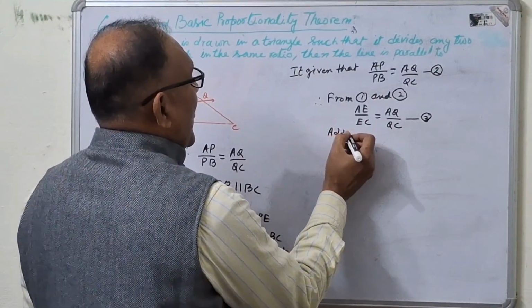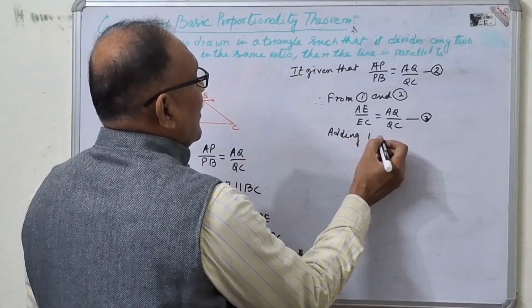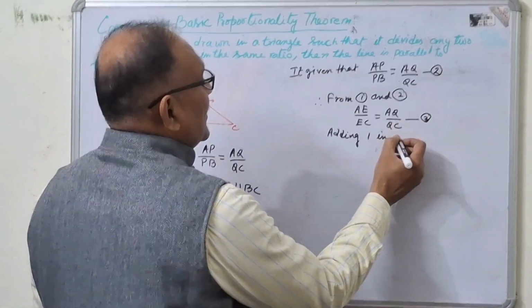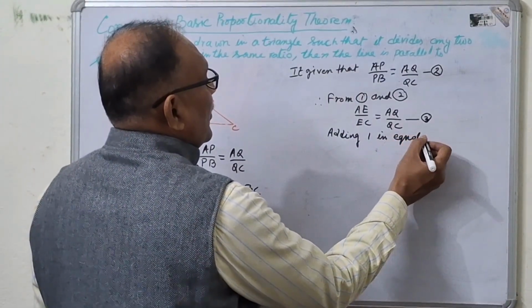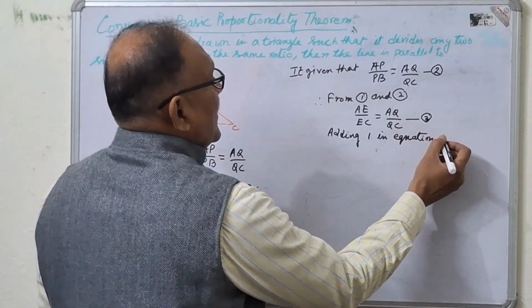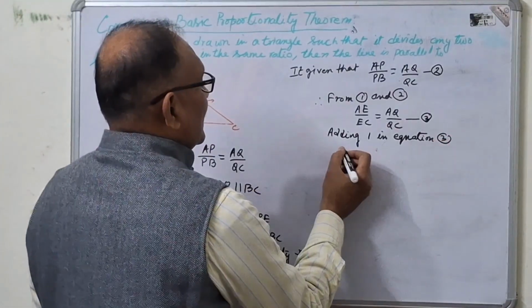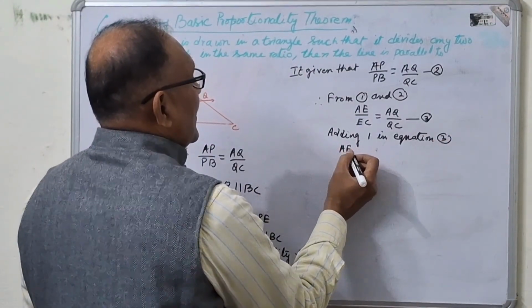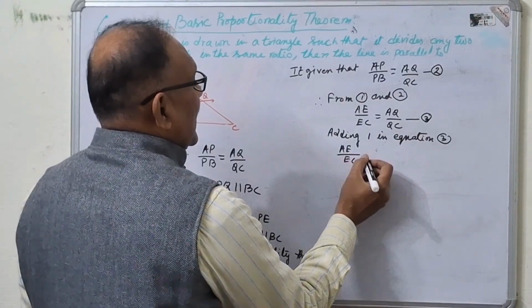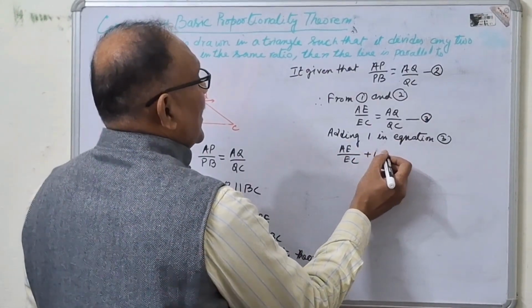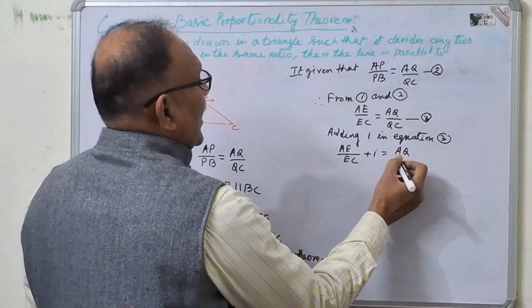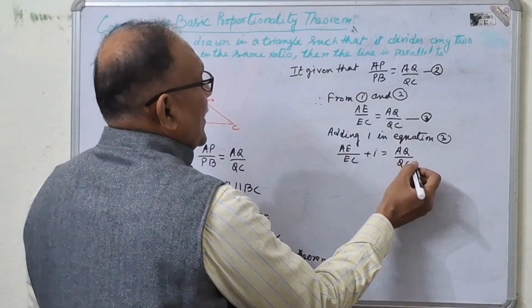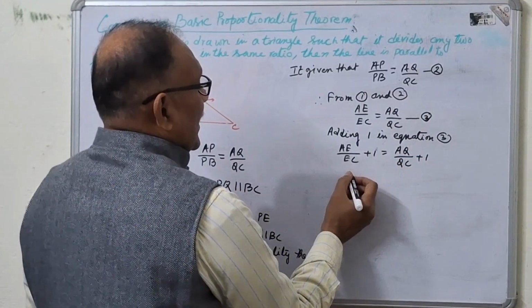Now adding 1 in equation 3, AE upon EC plus 1 equals AQ upon QC plus 1.